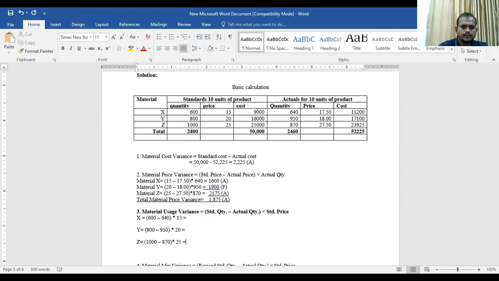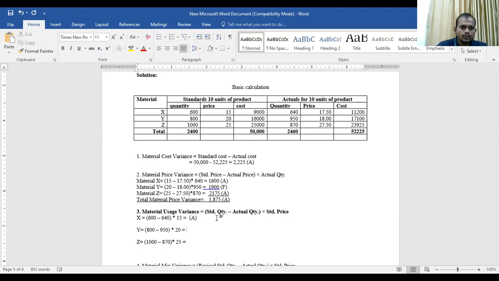Into 25. It is the difference between standard quantity and actual quantity. How much standard quantity is specified? 600. But how much we utilized? 640. It means we utilized excess, right? So obviously the result will be adverse variance.